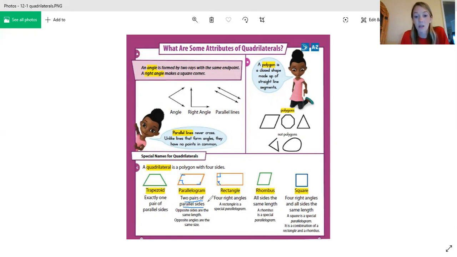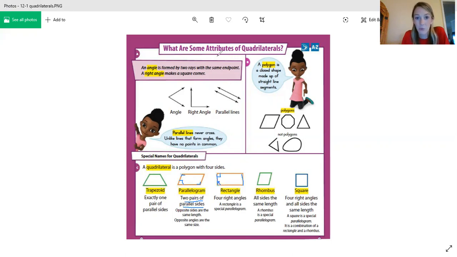Okay, so this rectangle has 4 right angles, but look, it also has 2 pairs of parallel sides because this side and this side are parallel, and the top and the bottom are parallel. So this is a rectangle and a parallelogram.